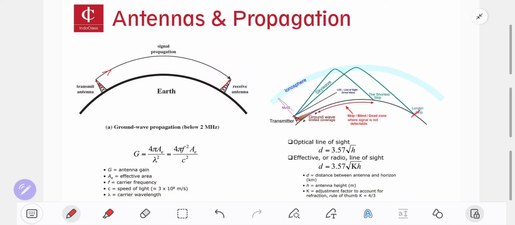And then we can conclude that antenna has two functions. Number one, for emitting signal, and number two, for receiving signal.